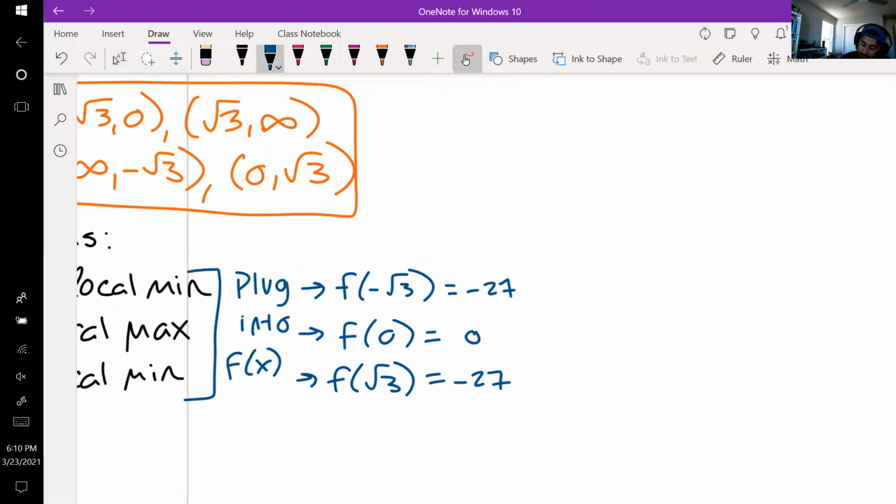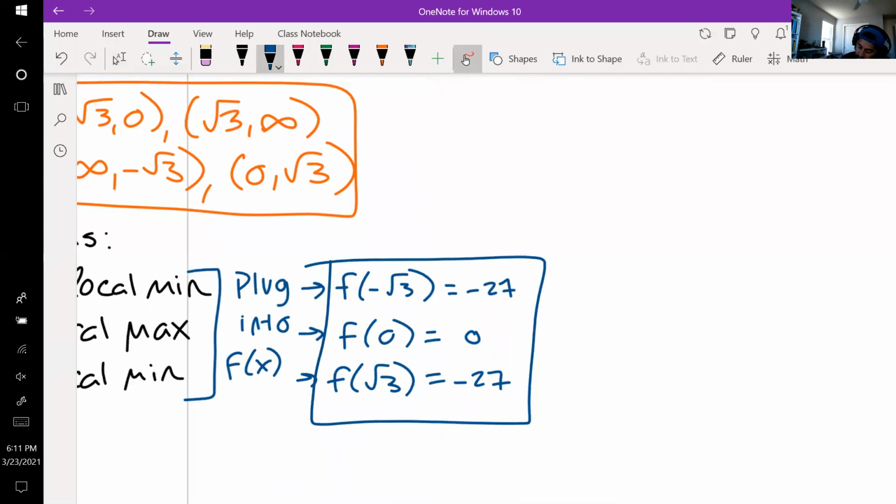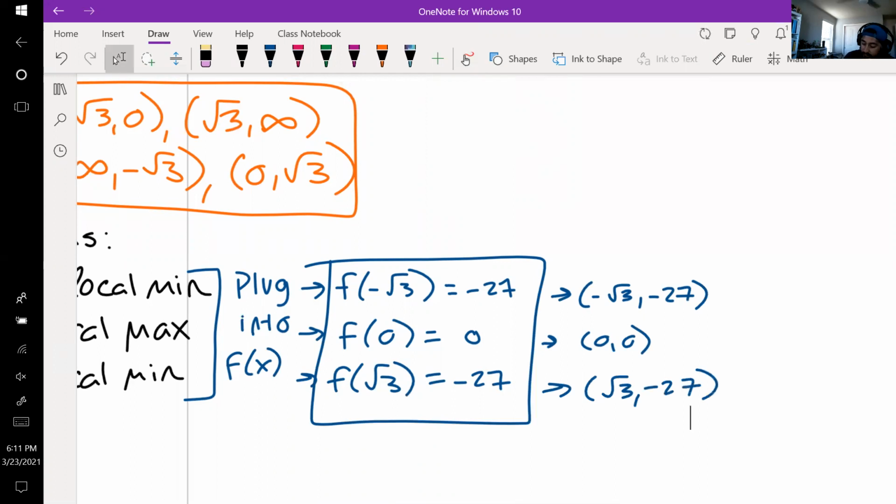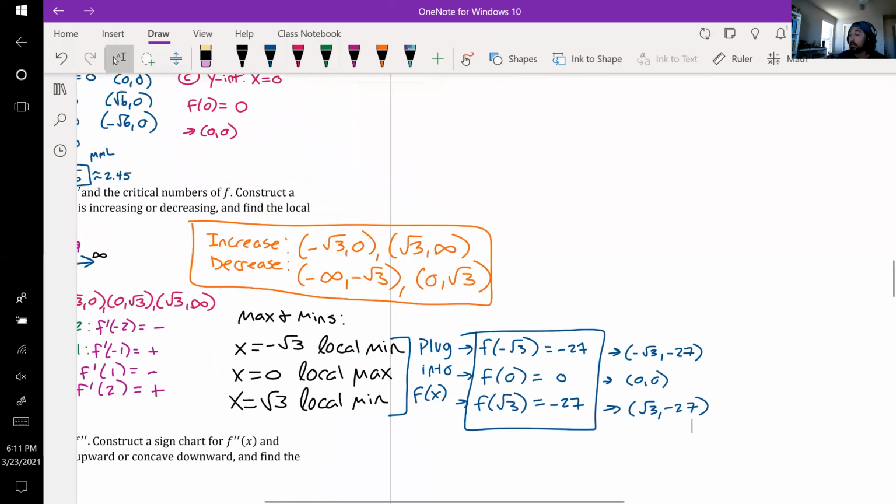These are my maximums and minimums. Perfect. Okay, there it is.